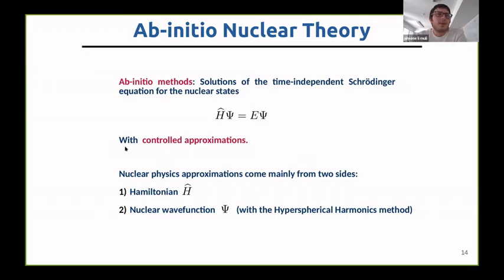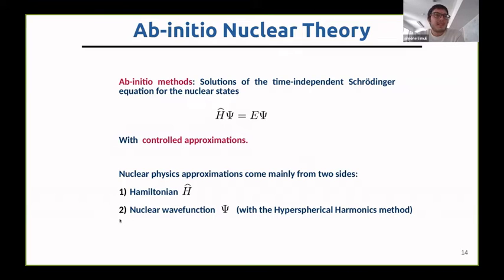If we think about approximations from nuclear physics, we find out that they mainly come from two sides. They come from the definition of the nuclear Hamiltonian and from the nuclear wave function, which basically is our numerical precision in solving this Schrödinger equation.